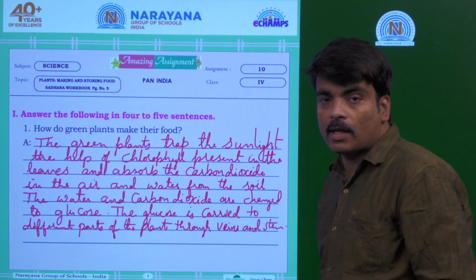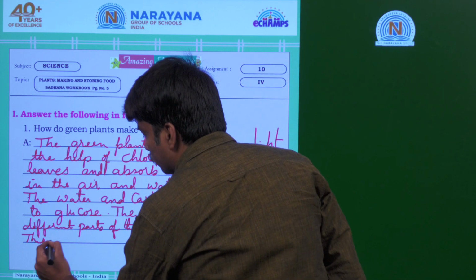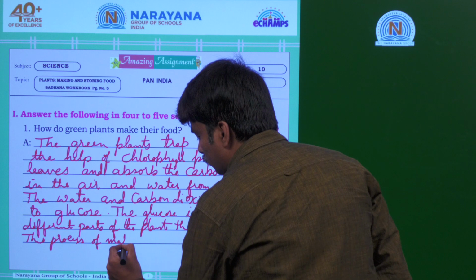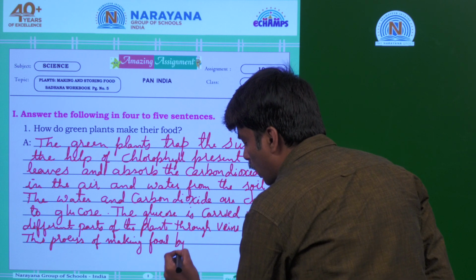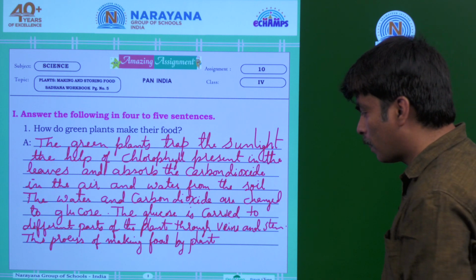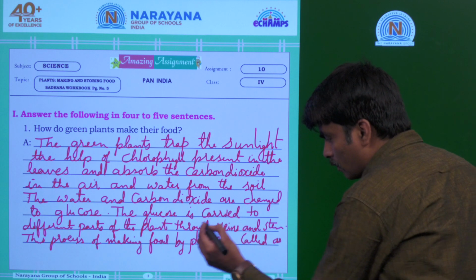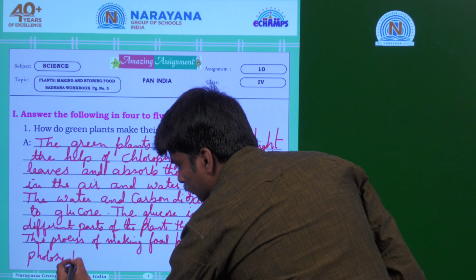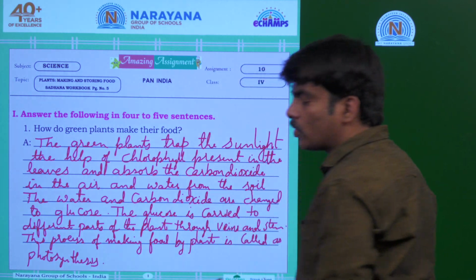The whole process is called photosynthesis. This process of making food by plants is called photosynthesis. Only plants can prepare their own food. We cannot prepare our own food; we are depending on others. We call it photosynthesis.